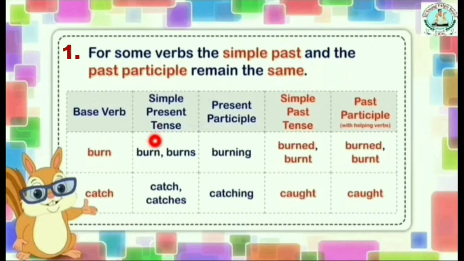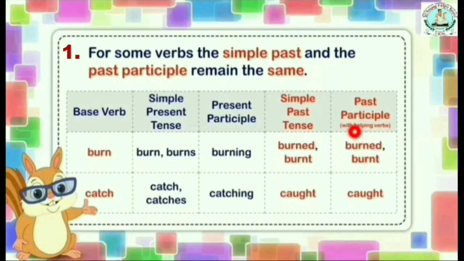And simple present tense, burn, burns. So when it is third person singular, we have to add s, so that burns. And present participle ends with ing, burning. And simple past tense, burnt, burned. And past participle, burned, burnt.